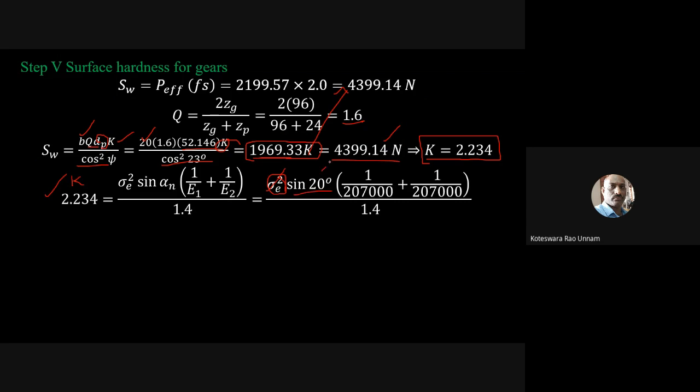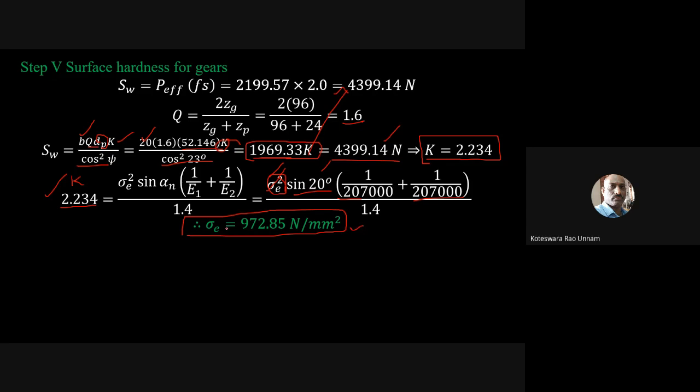Alpha n is 20 degrees. 1 by E1 plus 1 by E2 is taken as 2.07 into 10 to the power minus 5. Then K is 2.234. If you simplify this, only sigma E is unknown, so you can calculate it. Sigma E comes out as 972.85 newton per mm square.